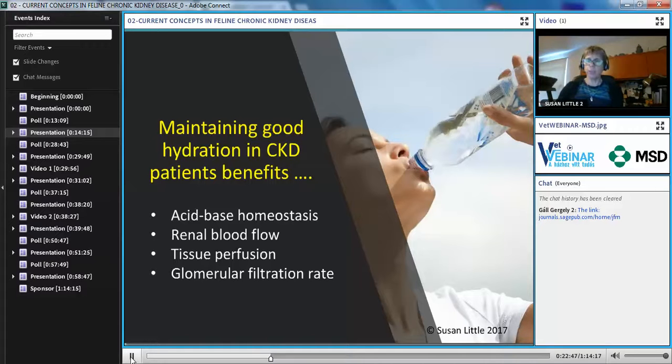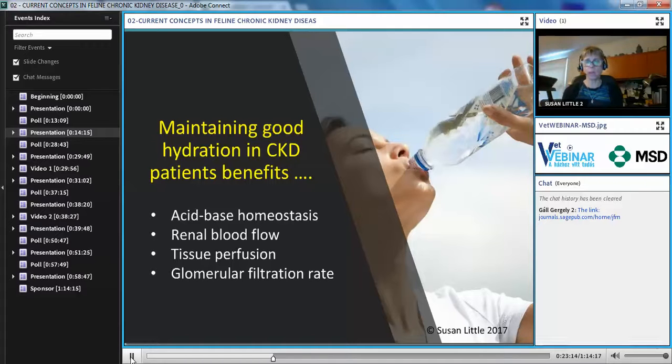So there's lots of reasons why we want to maintain good hydration in our chronic kidney disease patients. And of course, we all just feel better if we're well hydrated, but there are some other really important physiologic benefits. So for example, it helps maintain normal acid-base balance. And cats with chronic kidney disease can have a tendency to develop metabolic acidosis.